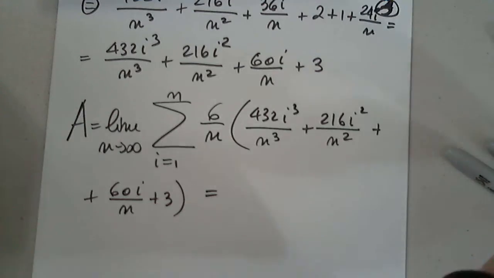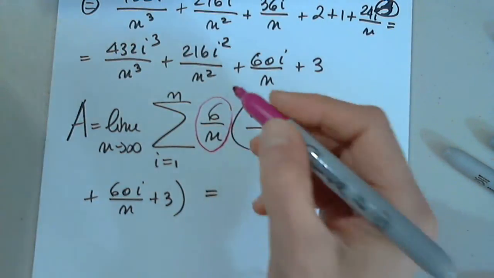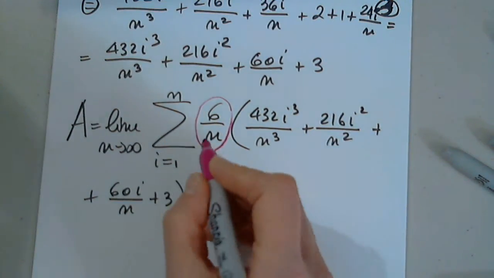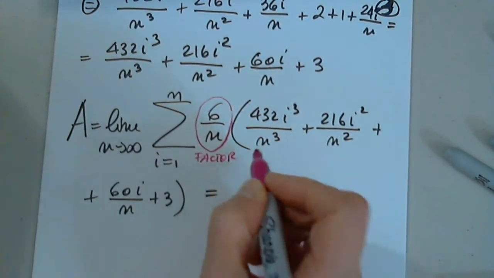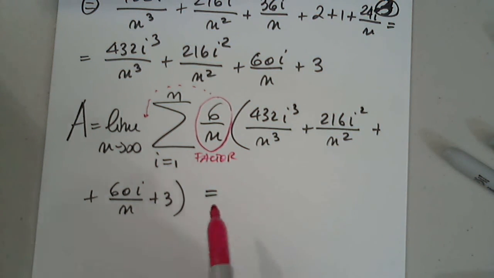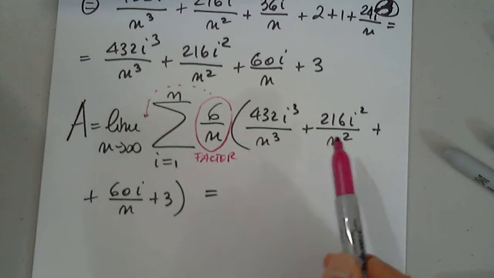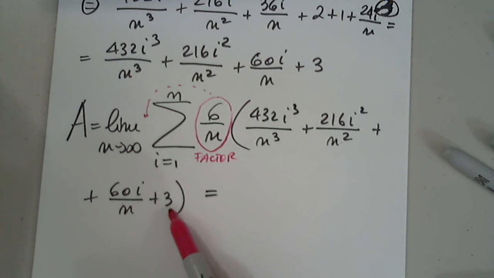Okay, now one property that we talked about, the factor that does not depend on i goes in front. This is very important. Because I already wrote 3 pages on one problem, I am going to say that the sum of this plus the sum of this plus the sum of this plus the sum of this.